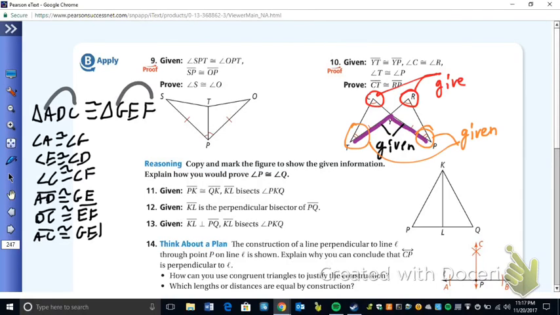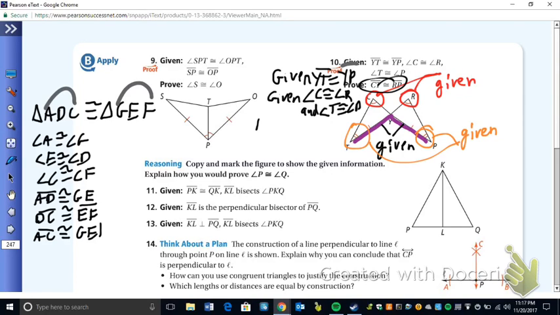It's given. So that's what we're given. Now what I want to do is write all that down as a kind of semi-paragraph proof. Given YT and YP, given C is congruent to R, and T is congruent to P.